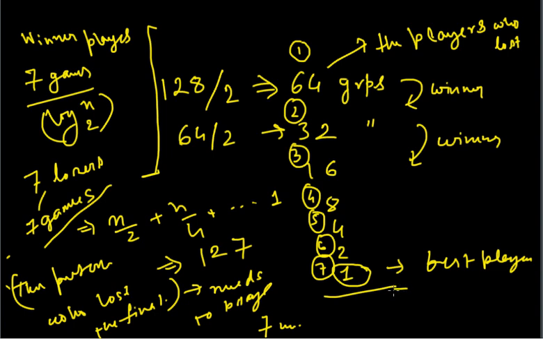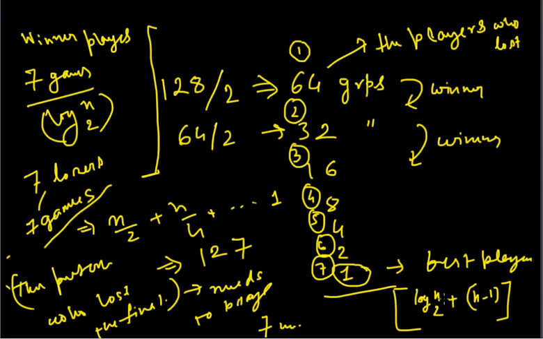You need log of n games for the winner that he plays, and then you have n minus 1 games overall, because you got 7 players that came out of this.